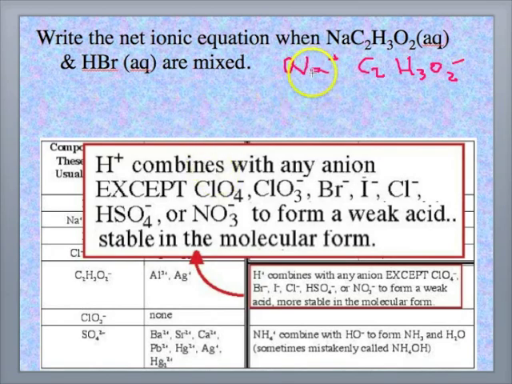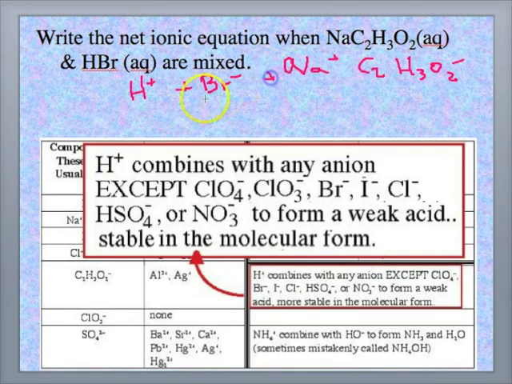So you have sodium ion and you have acetate ion together with HBr, and that's going to break up into H+, really H3O+, but sometimes we just shorten it and call it H+, plus Br-.